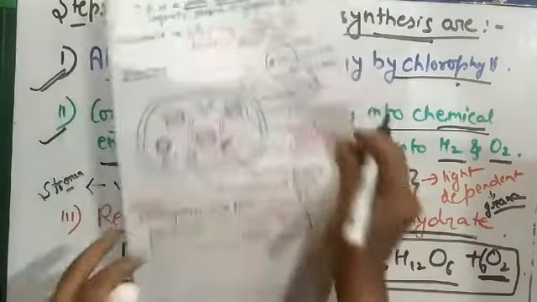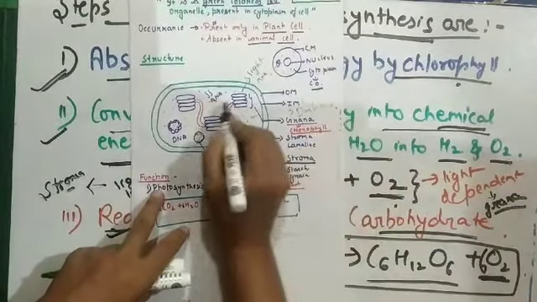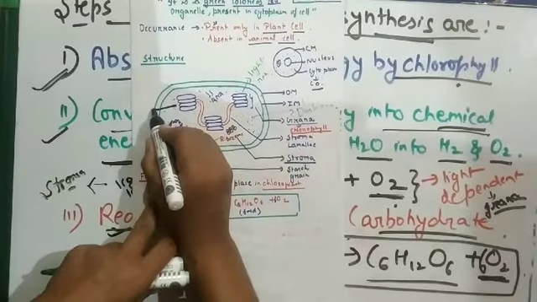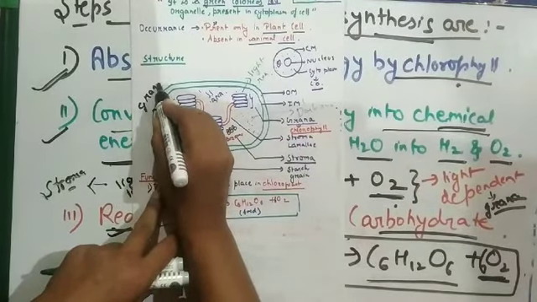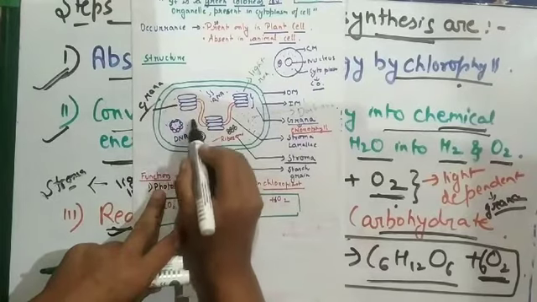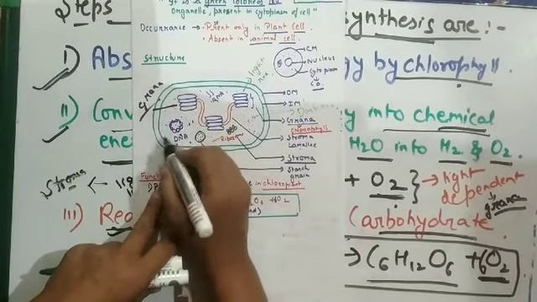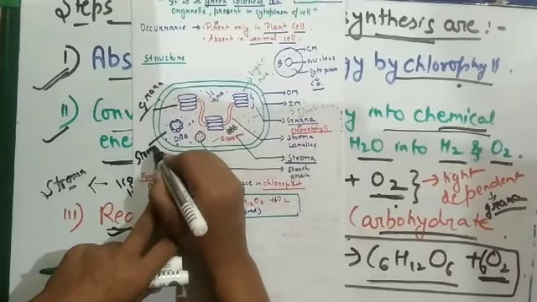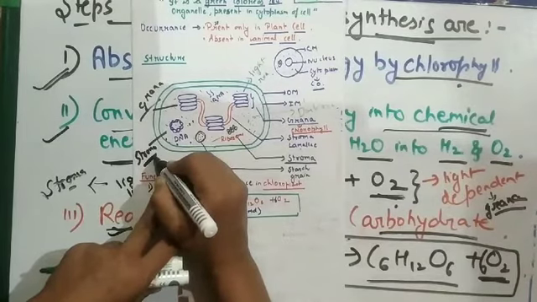In this picture of the chloroplast, we can see that these are the grana, and here the splitting of the water molecule occurs, and this is the matrix, this is the stroma. So here the reduction of the carbon dioxide occurs, as it is the light independent phase.